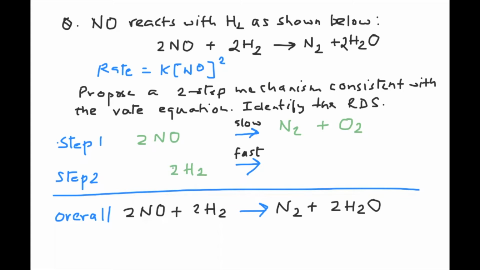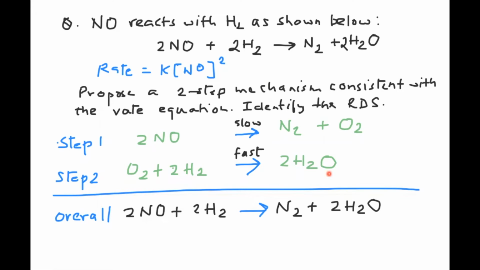And then we also have O2 which doesn't appear in the overall equation. So let's put it on the opposite side to cancel it out. Now on the right hand side, what's missing is 2H2O. So let's put that in. Next thing to do is make sure that your elements in step 2 are balanced.